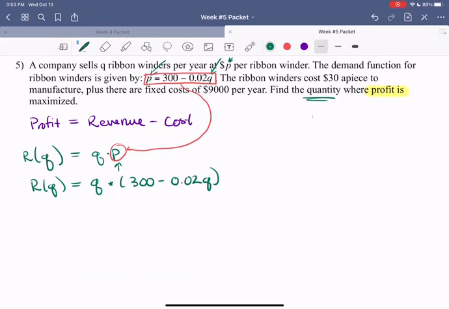So now we need to find our cost function. And ideally, we want to find the cost function in terms of quantity produced. Well, how are we going to determine that? Let's look at that information they gave us. They said that it costs $30 a piece to manufacture a winder.